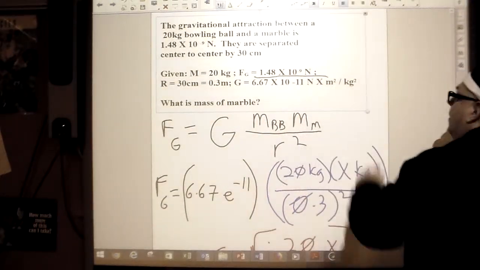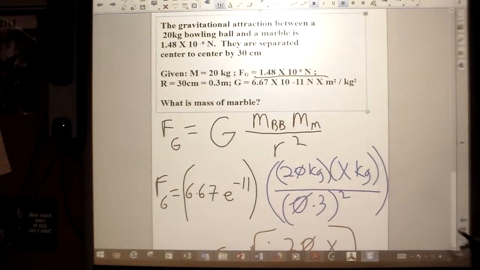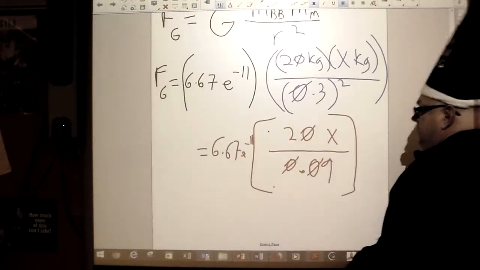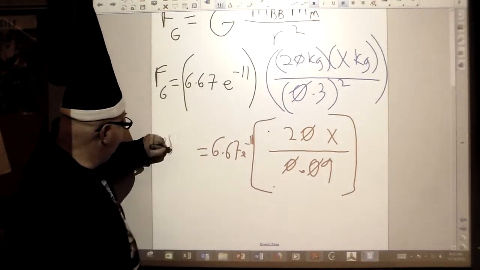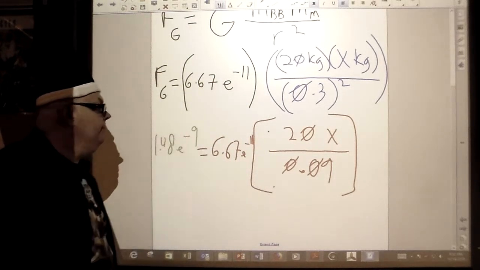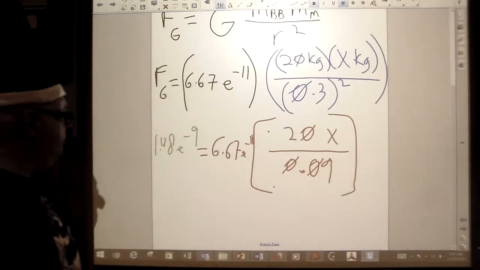Absolutely, right up here, 1.48 times 10 to the minus 9th. So we're going to enter that here, 1.48 e to the minus 9th. So this is what we have.